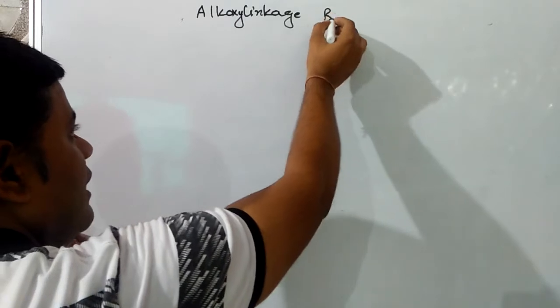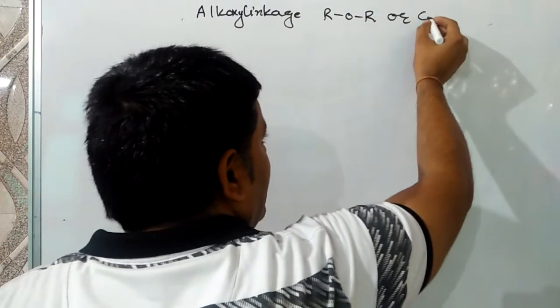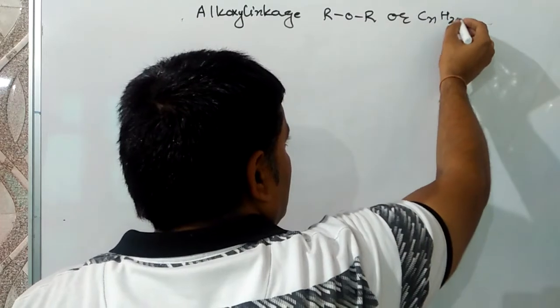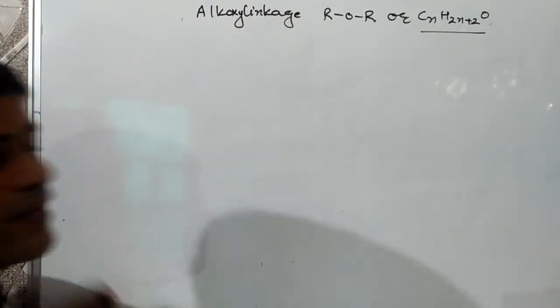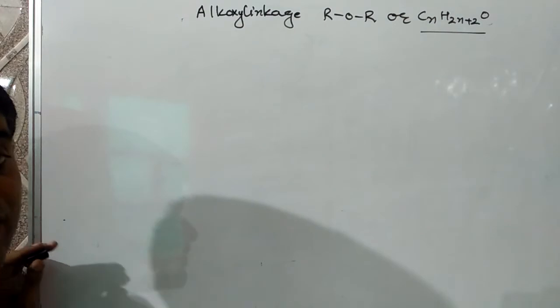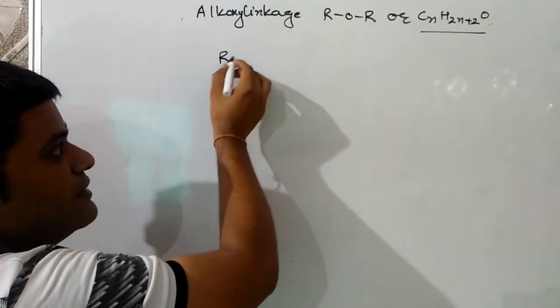or general formula ROR or CnH2n+2O. Those are known as ethers, and these ethers can be of two types.